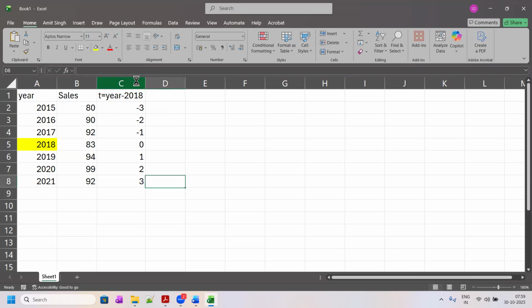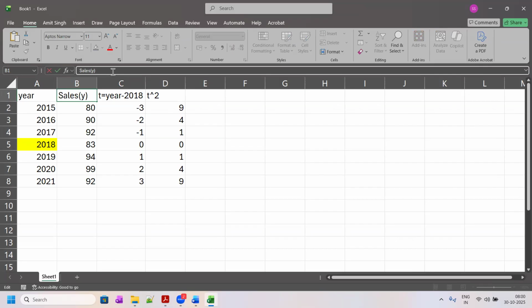Then I can find T square. T square means minus 3 square is 9, 4, 1, 0, 1, 4, 9. And I represent sales with y.